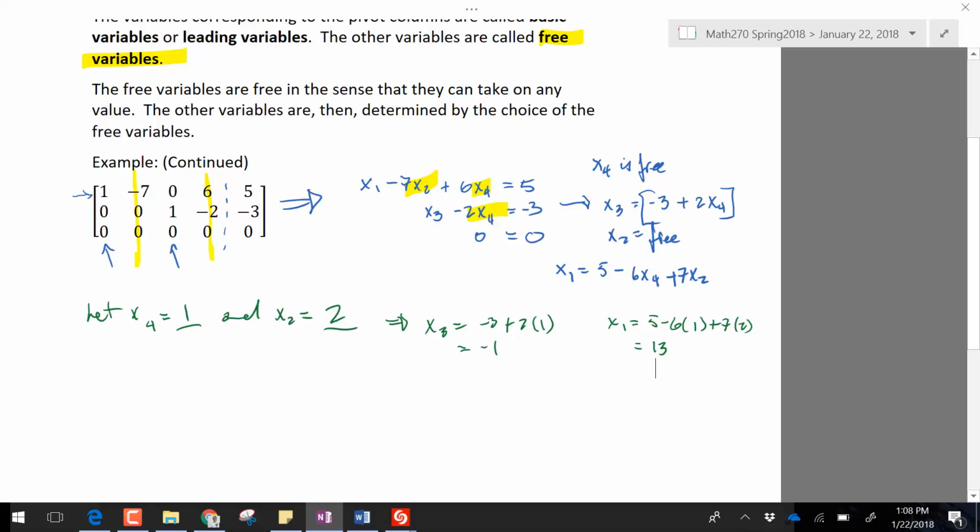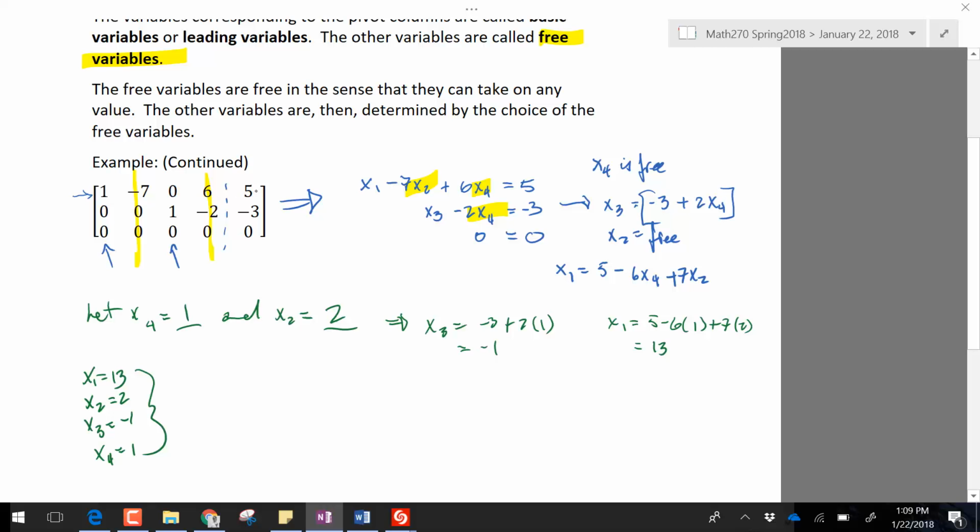I hope. So the set of combination of numbers where x1 is equal to 13, x2 is equal to 2, x3 is equal to -1, and x4 is equal to 1, should satisfy the system of equations that we had from the beginning. So I don't know exactly what the original system was, but we didn't change the first equation.